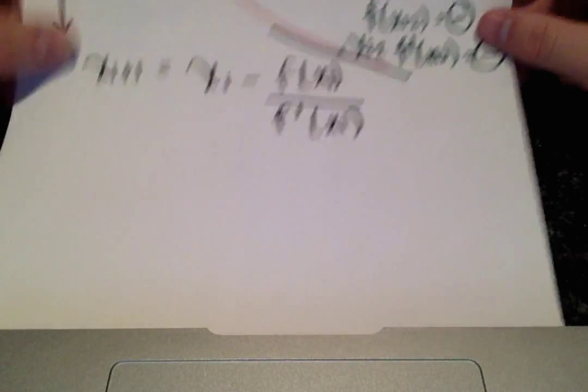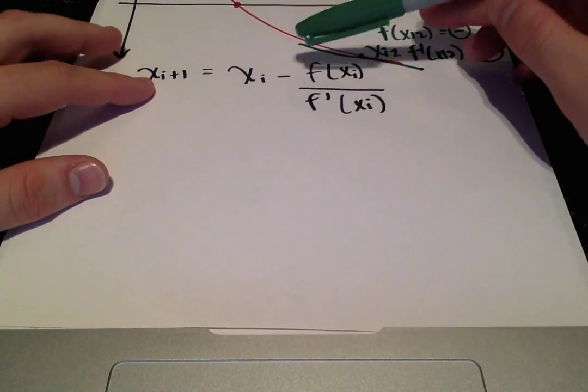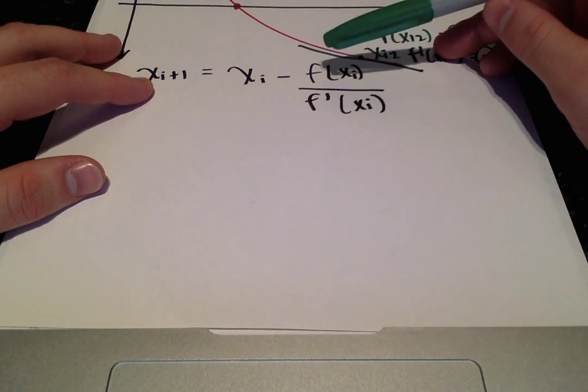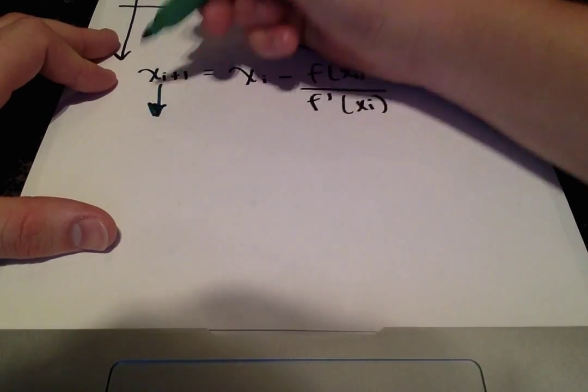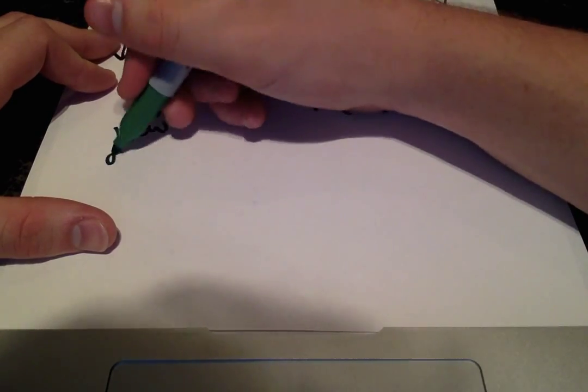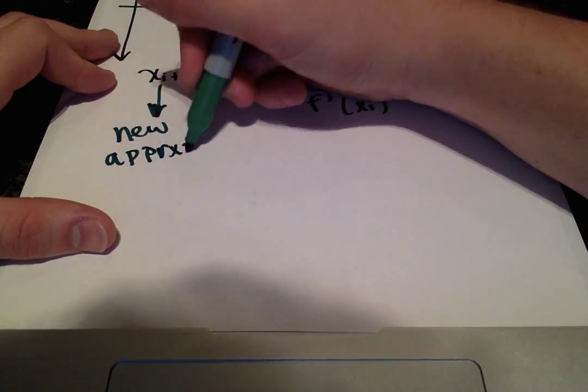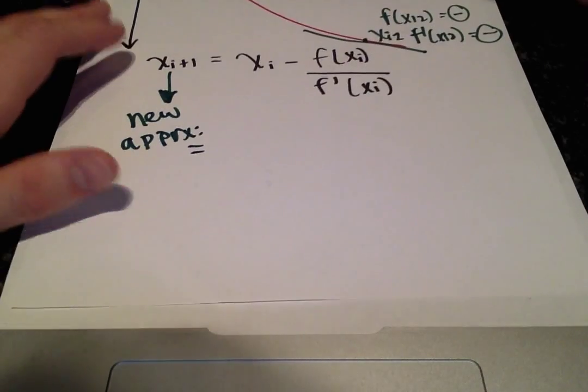Okay, so what I want you to see here is when you have your equation for the Newton-Raphson method and you want to find your new approximation, what is that equal to for each case?